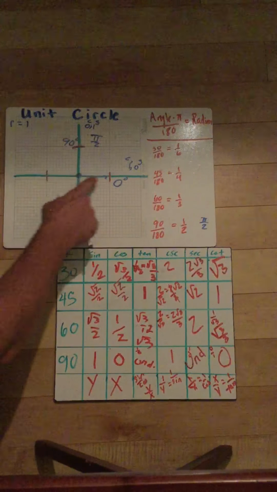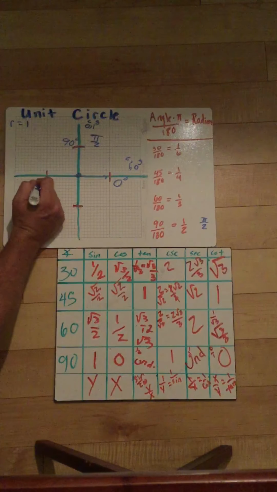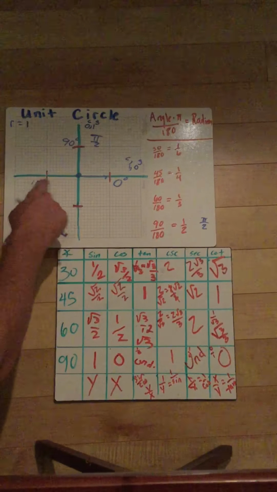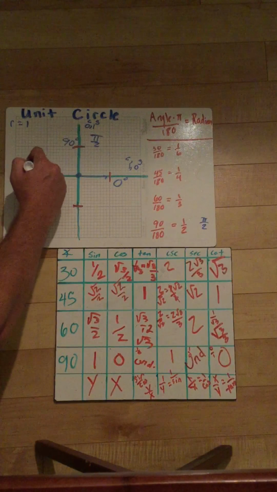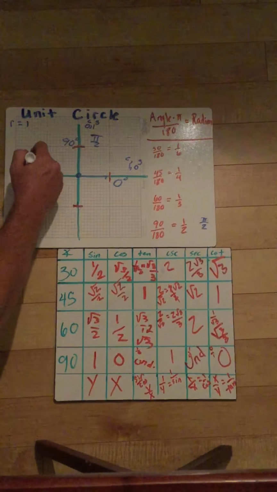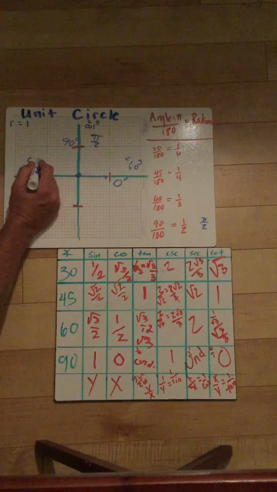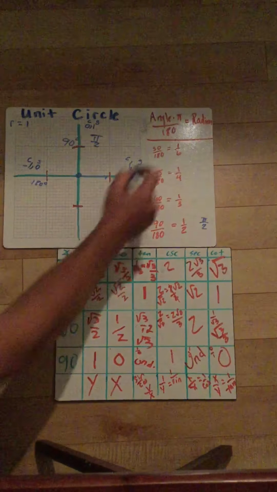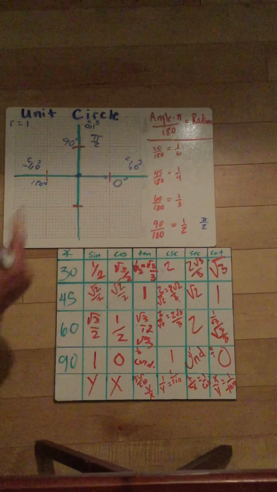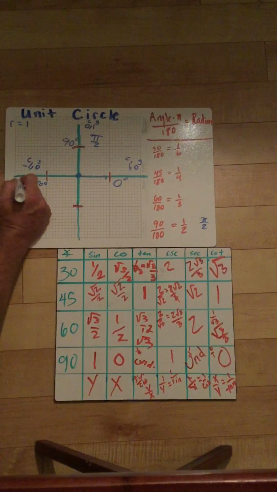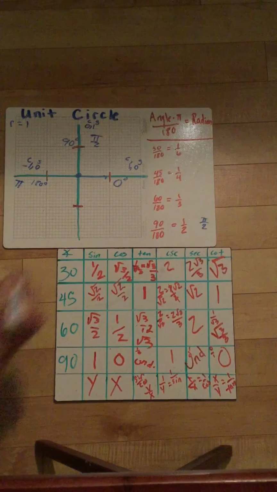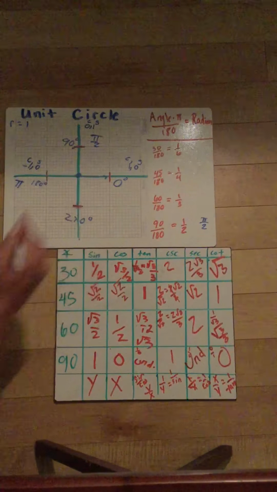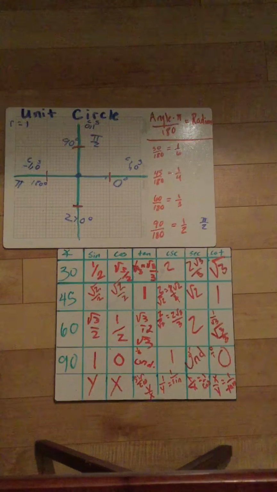If I were to make a straight line, that's 180 degrees. That's the same as a reflection of 0 across the origin. And I know that this coordinate is at -1, 0. The cosine of 180 and the sine of 180. 180 divided by 180 is 1, so we call this guy pi. 270 degrees is a 90, a 90, and a 90, which puts me right here on the negative y-axis.